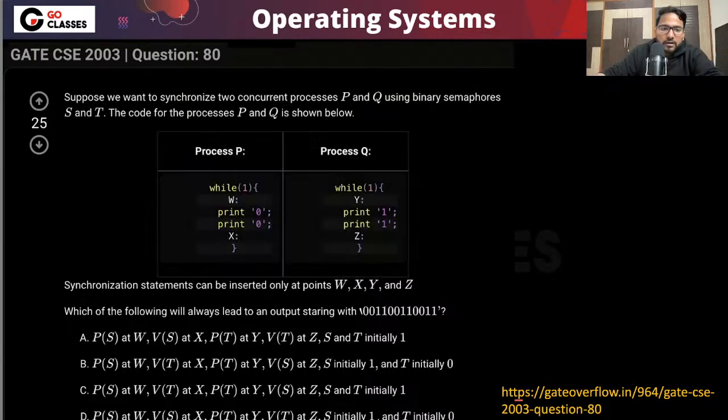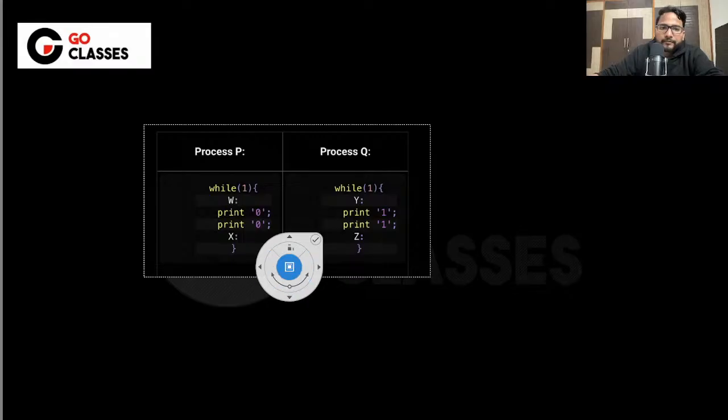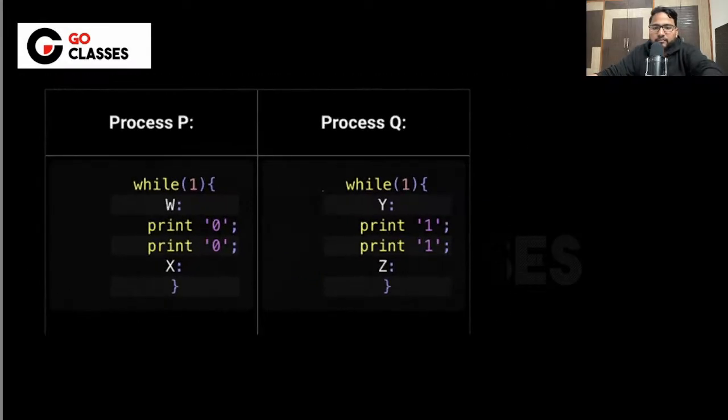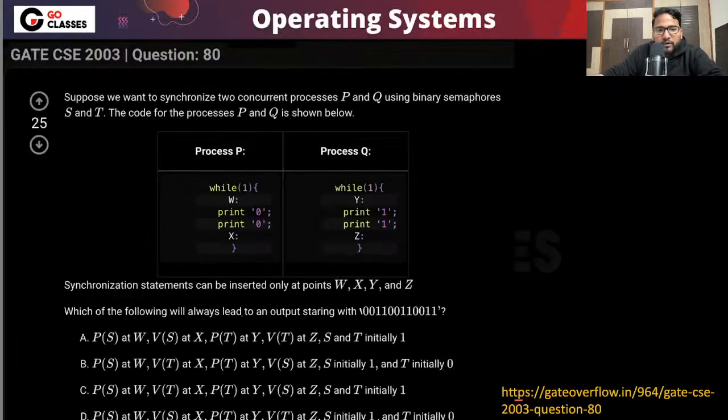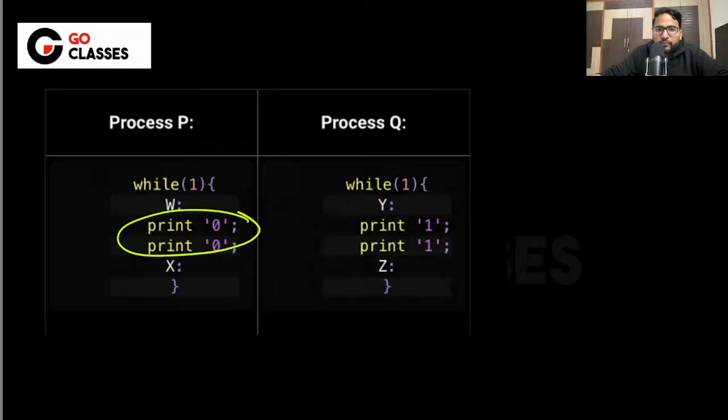Which of the following will always lead to the output starting 0011001101? They want to print 00, then 11, then 00, then 11.